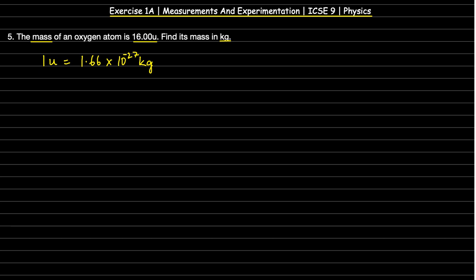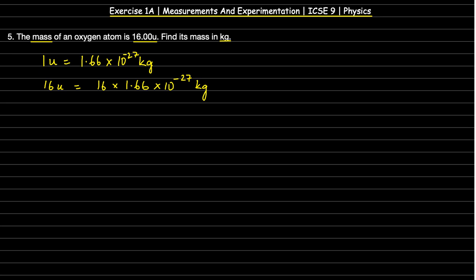Now we have 16u, so 16u will be equal to 16 into 1.66 into 10 to the power of minus 27 kg.